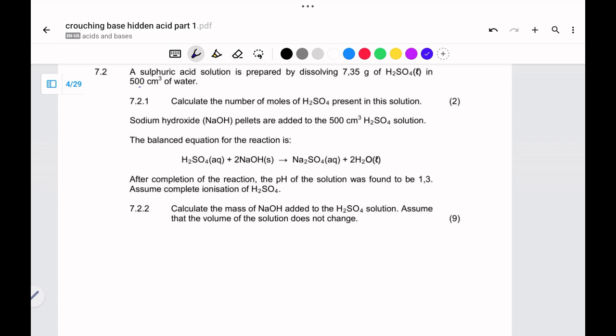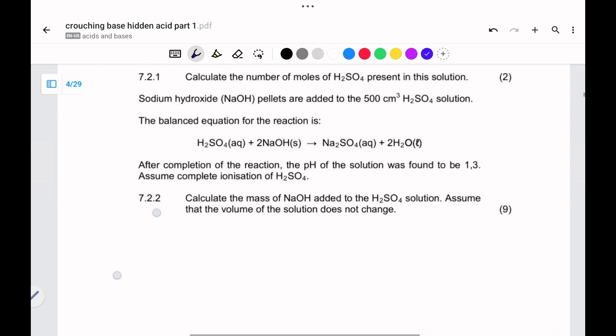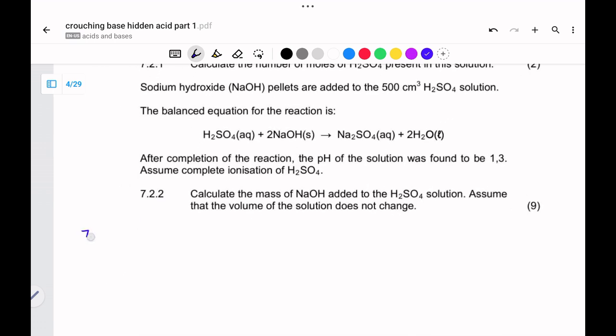Okay, so this is not complicated. We are simply going to use this formula. Let's figure out the molar mass of H2SO4. This is 2 for the hydrogens.